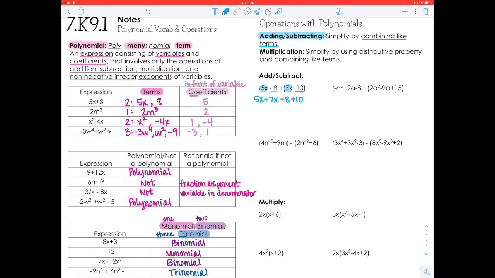So 5x plus 7x is going to give me 12x. Then I'm going to do my constants. Negative 8 plus 10 is going to give me positive 2. And then that is my fully simplified answer. I cannot simplify this anymore because 12x and 2 are not like terms.